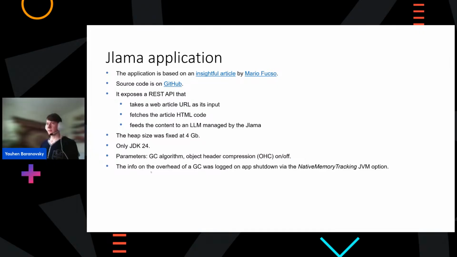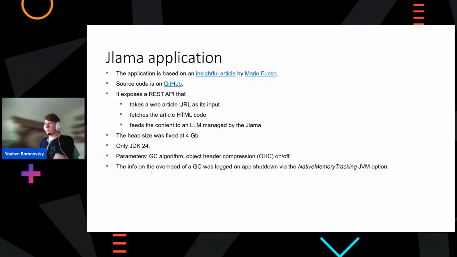In terms of heap size, that was fixed at 4 gigabytes. It was JDK 24 only to save some time on benchmarking. And in terms of parameter dimensions that were changed from test to test, that was garbage collector algorithm choice and object header compression on and off, sorry.